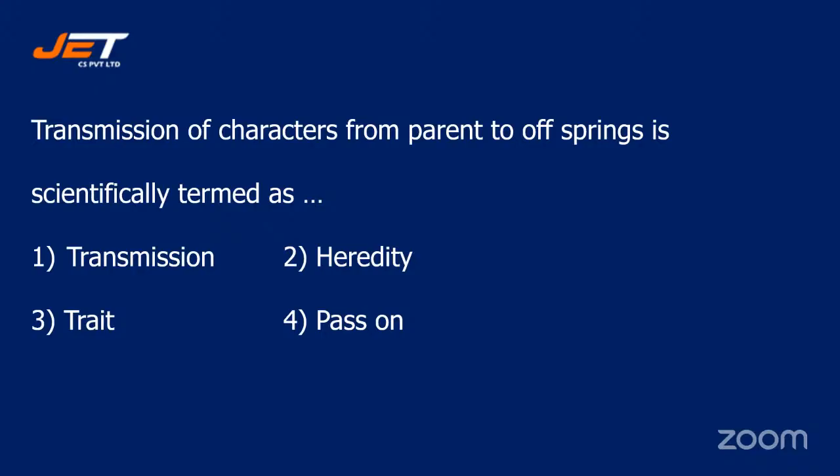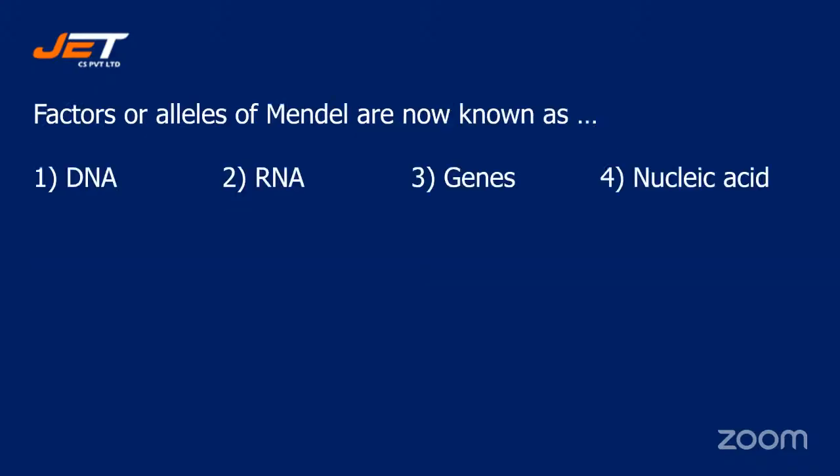All right, as I can see, Neha is saying 2, Ranjit is saying 2, Harika is also saying 2, Ramcharan, Kanna. Yes, students, those who are saying option number 2, heredity, you all are correct. Well done, students. Excellent. Keep doing like this.